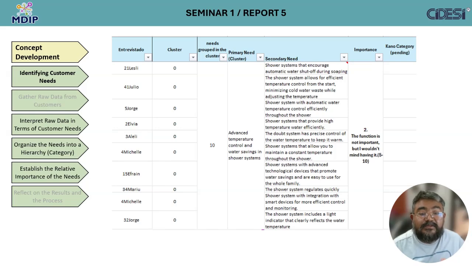In this first approximation, we obtained 35 primary needs and 579 secondary needs. This activity was done again and presented in Report 6.